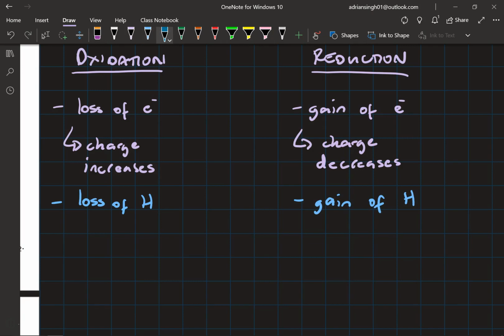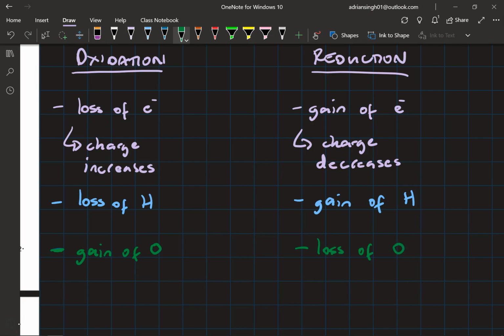And then thirdly, we can look at oxidation and reduction in terms of oxygen. And it might have been obvious to you when we first introduced oxidation, oxidation just kind of sounds like adding oxygen. And that's exactly how we can define it. Oxidation can also be defined as the gain of oxygen, which means reduction, which is always the opposite, would be the loss of oxygen.